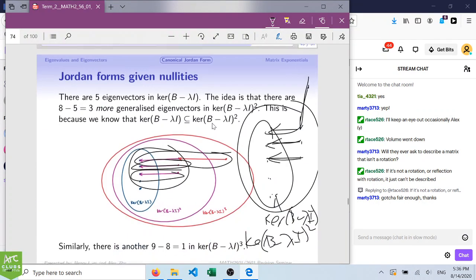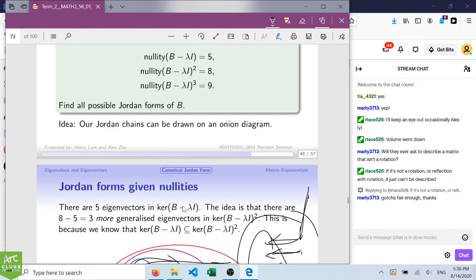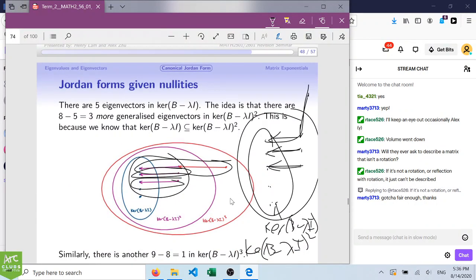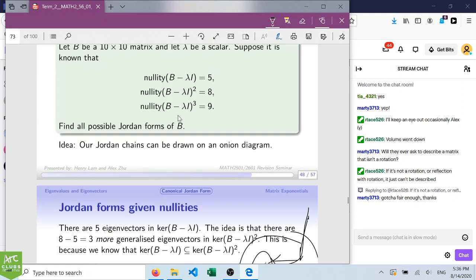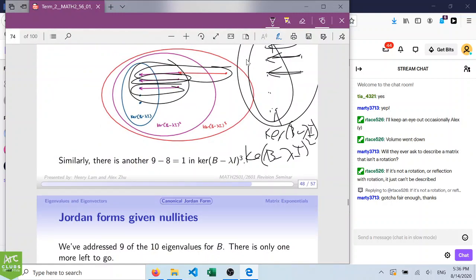Can it be in the second one? If it's in the second one, the nullity of (B − λI)² should be 9, but it's 8, so that's not true either. It's not in the third one, because the total nullity of (B − λI)³ is 9. So it has to be in the fourth one. And for it to be in the fourth one, it must follow.